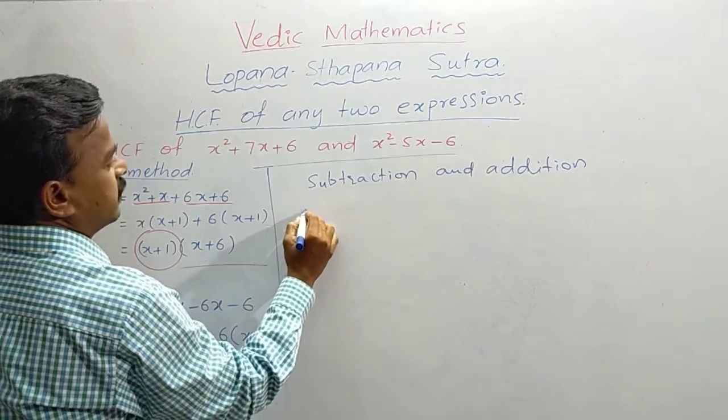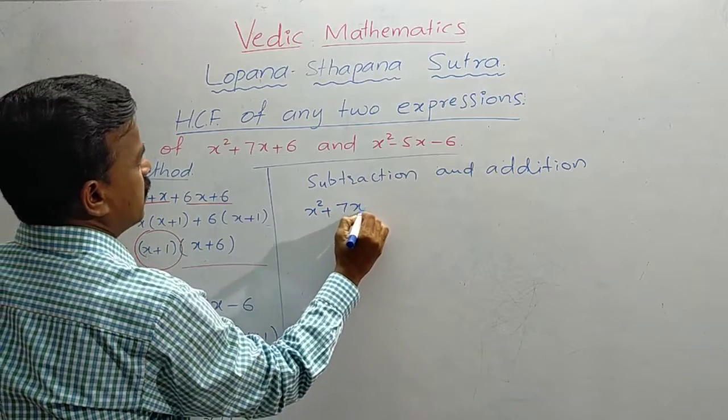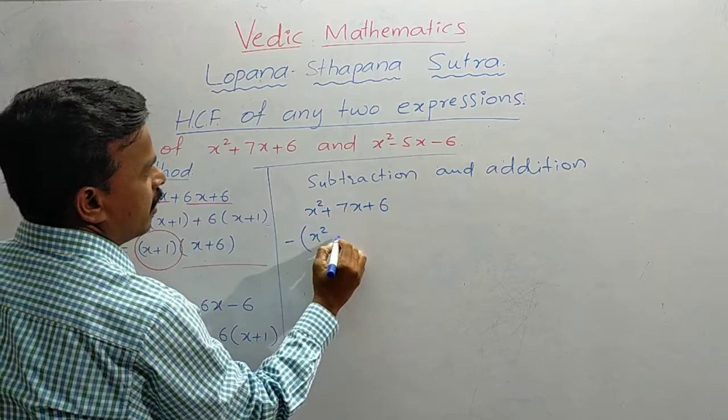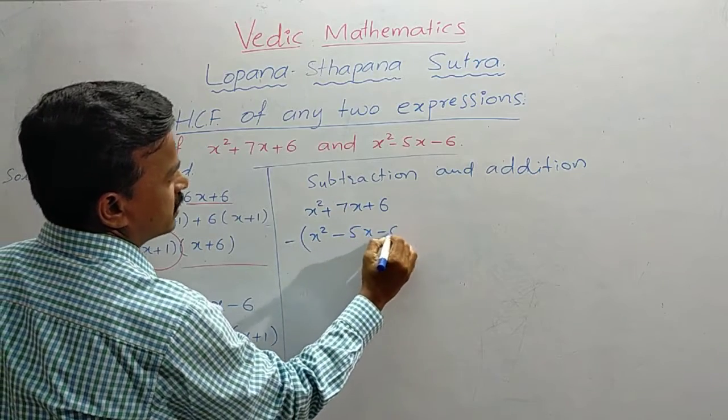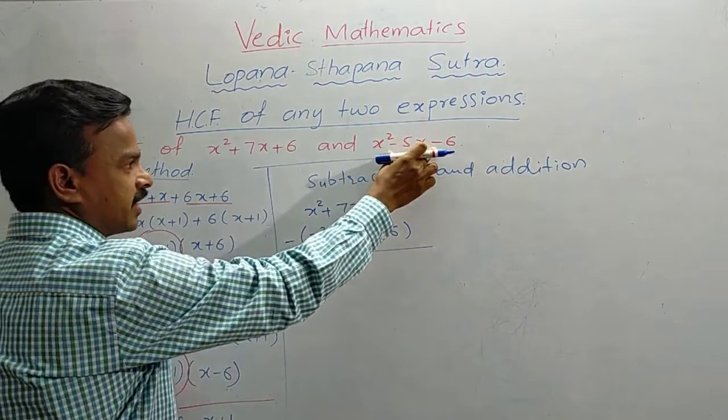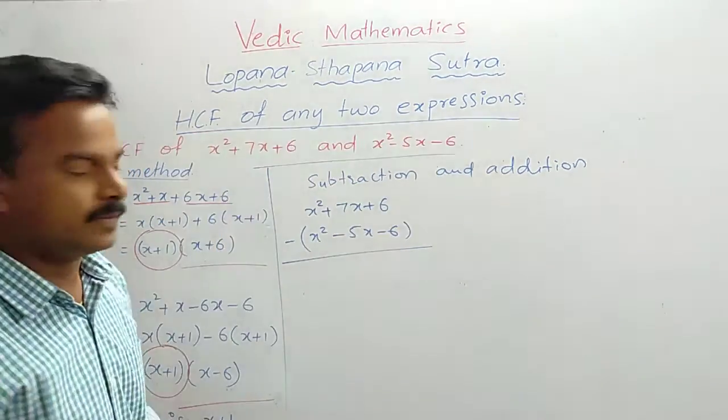First we subtract: x square plus 7x plus 6 minus x square minus 5x minus 6. We are subtracting the second expression from the first expression.